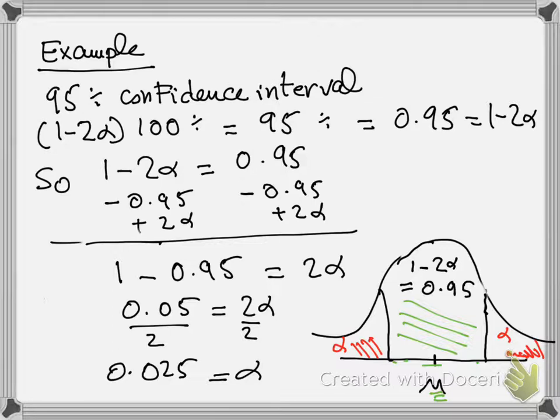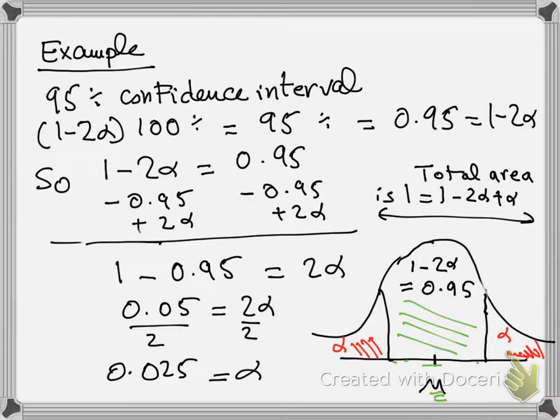That's the green region, 1 minus 2 alpha, and on the left we have alpha, and on the right we have another alpha. So it adds up to 1, right?